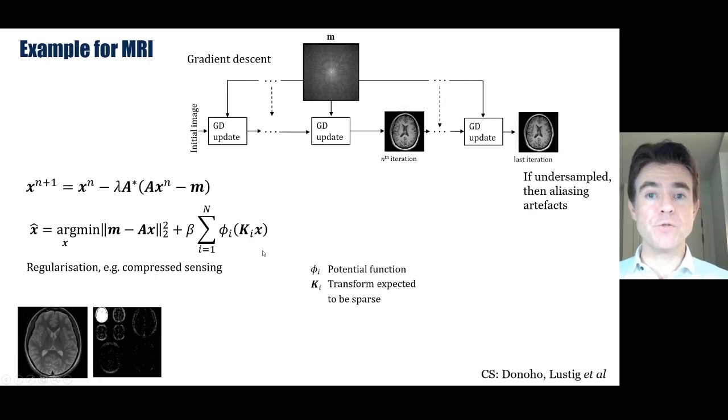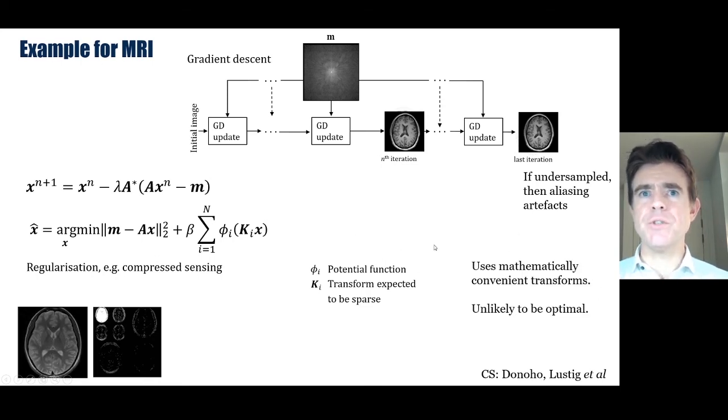So any kind of transform that you might intuitively think should deliver an outcome that you'd expect to be sparse for images that you believe should correspond to what you're interested in. And then phi is just some kind of potential function. Traditionally that would be something like a quadratic, or it could be the absolute value. So for example, if K is some kind of difference operator and if phi is the absolute value, then that would be a total variation type of regularization.